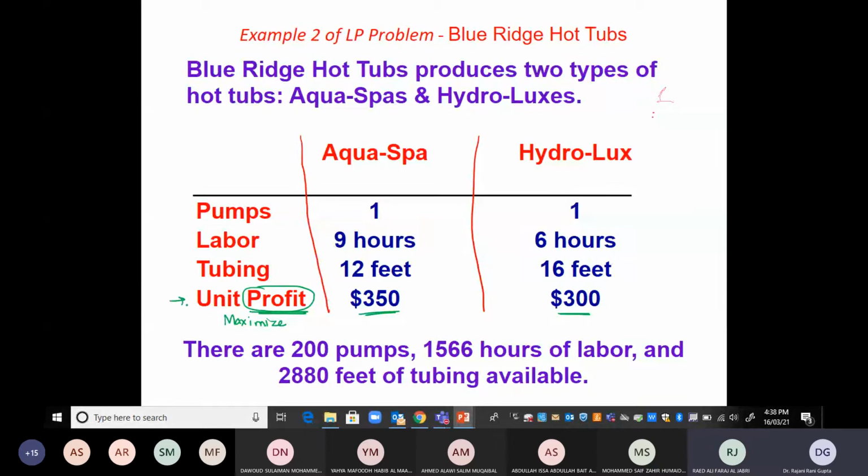If it is cost, or if it is a loss, then it will be minimized, because we lose money. Instead of profit, if it is cost, then we want to reduce the cost, to not lose so much. But because it is profit here, we want to maximize the profit, increase the profit. Exactly, correct.